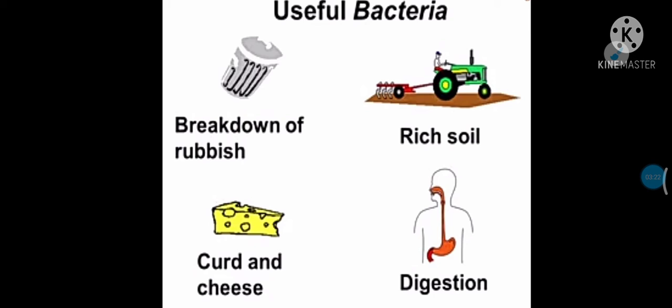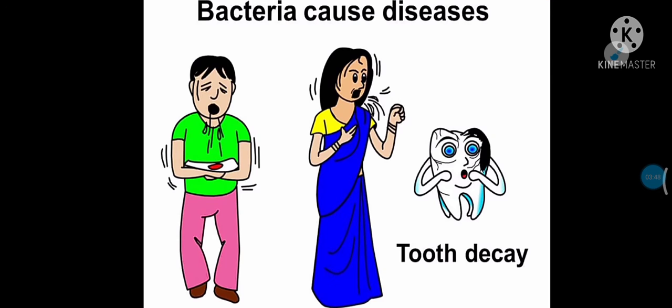Some bacteria are used in making food such as curd and cheese. Bacteria also help us to digest our food. Some bacteria also help in the decay of dead plants and animals. So there are some good bacteria and bad bacteria.